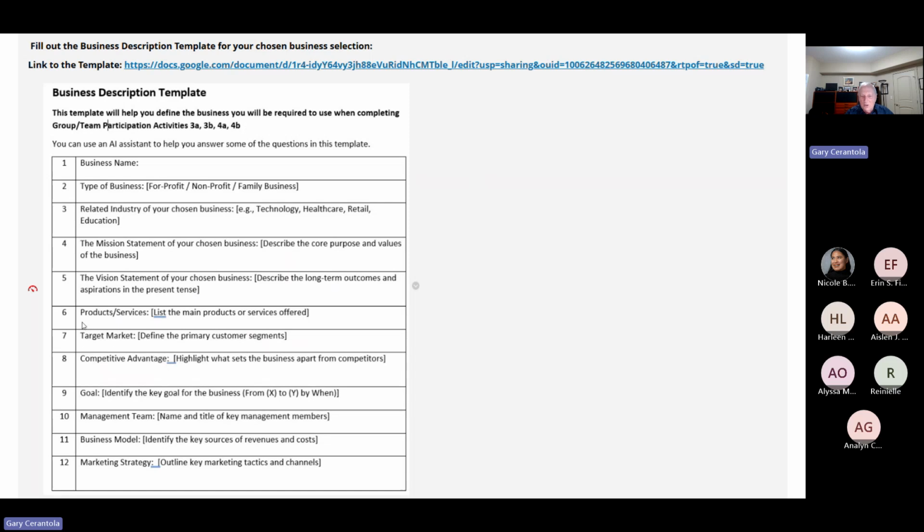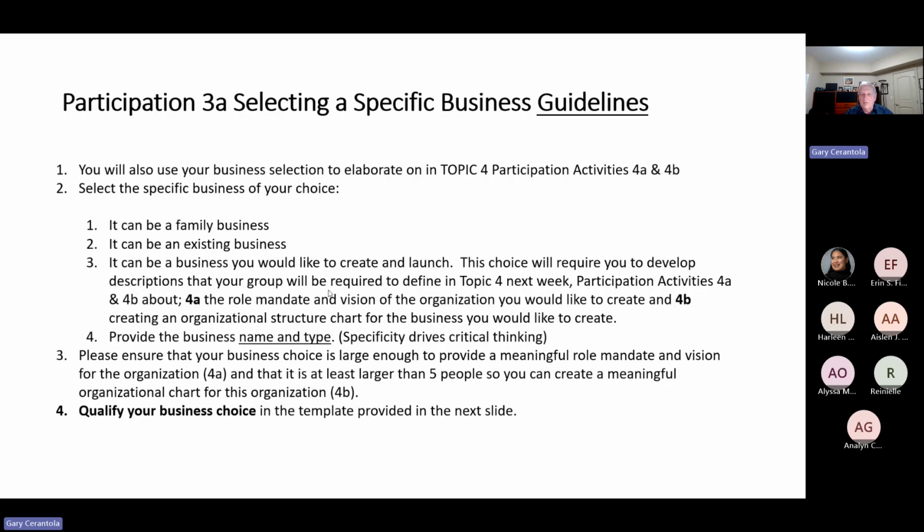You can go to Copilot and say, provide me the list of main products and services for a beauty skincare business, and you'll get some good answers. Then at the end of the day, you'll have better criteria to get more reward out of answering 3A, 3B, 4A, and 4B as well. Okay, so that's where that's coming from.